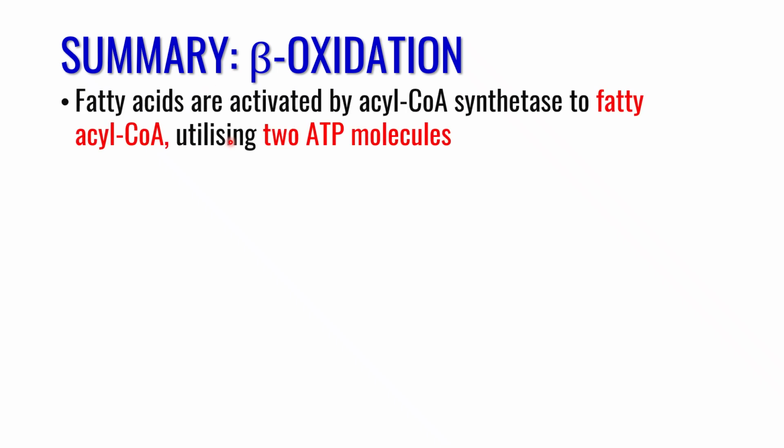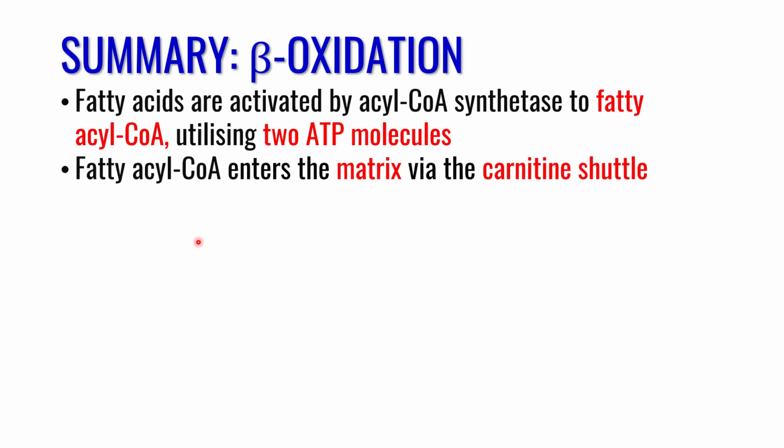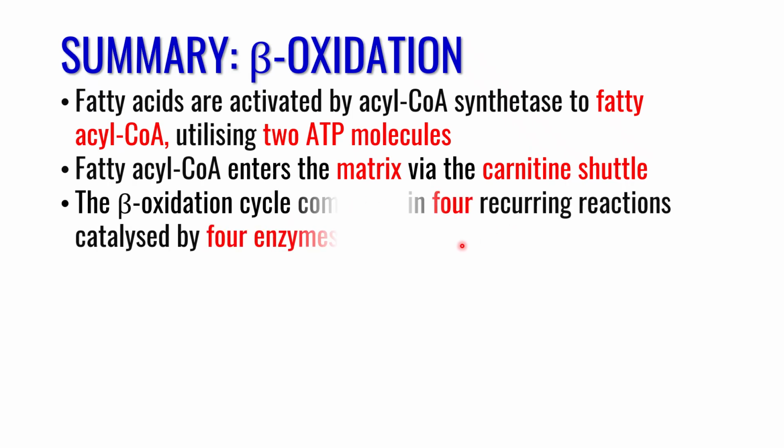In summary, in beta oxidation, fatty acids are activated by acyl-CoA synthetase to fatty acyl-CoA, utilizing the equivalent of 2 ATP molecules per reaction. Fatty acyl-CoA then enters the matrix via the carnitine shuttle pathway. The beta oxidation thereby proceeds utilizing 4 recurring reactions catalyzed by 4 enzymes in the matrix.